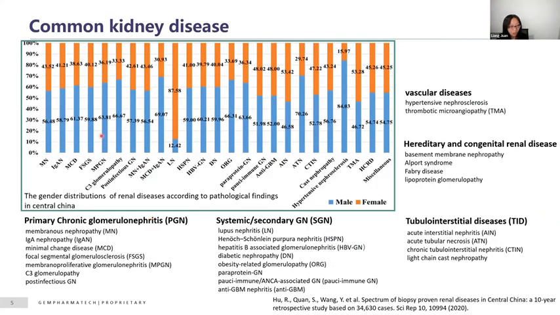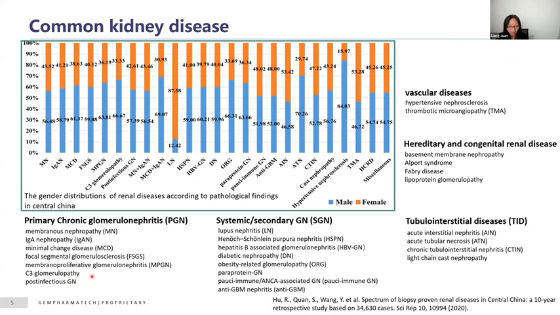This figure shows the gender distribution of renal disease according to pathological findings in central China. From this list, we can find that autoimmune kidney diseases are common renal diseases, like the primary chronic glomerular nephritis, the membranous nephropathy, the IgA nephropathy, the membranoproliferative glomerular nephritis, and C3 glomerulopathy.